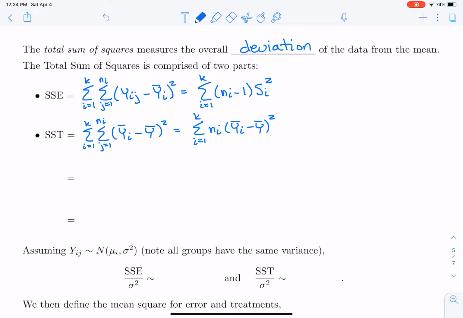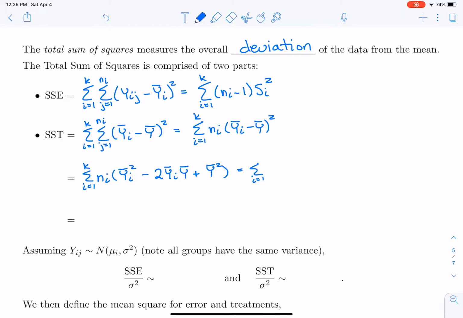So I'm going to write this as the sum from i equals 1 to k of n sub i times (y i bar squared minus 2 y i bar y bar plus y bar squared). And then I'm going to break this up into three sums.